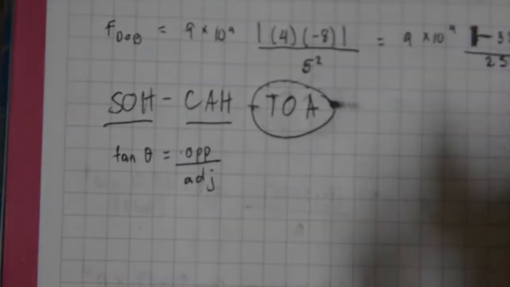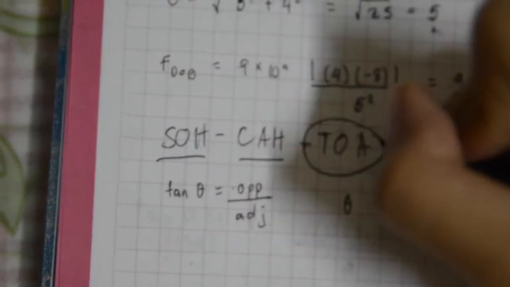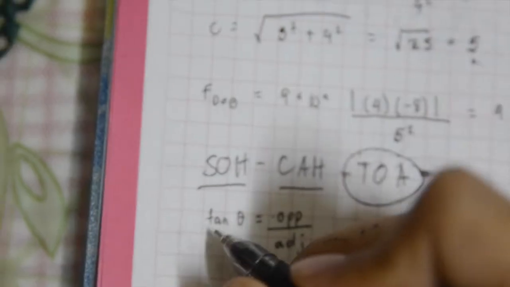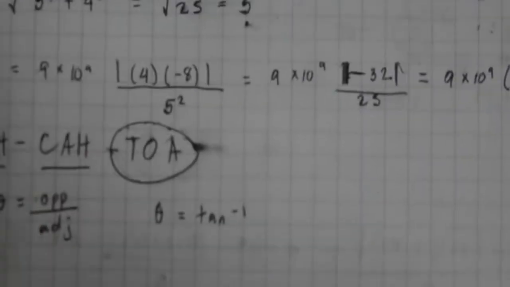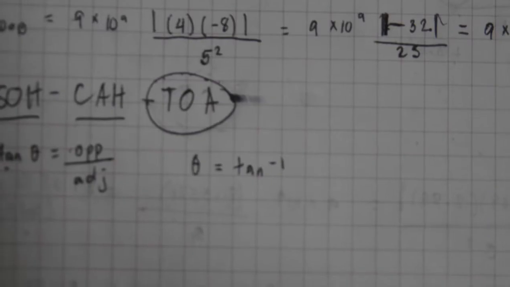So first, let us manipulate this. Theta is equal to, when you move tan to the other side, that will become tan -1.